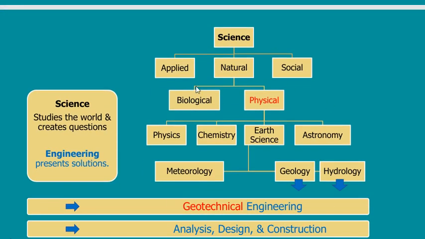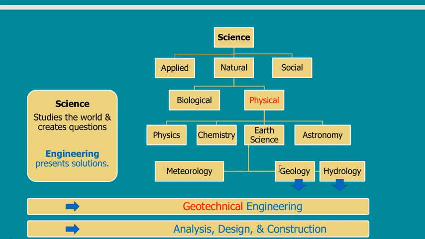This slide was very important because it shows you that geotechnical engineering is an engineering. It is not science, but geology and hydrology are sciences. What is the difference between science and engineering? Science is the study of everything around us, showing all the problems around us, but engineering takes the problem and proposes solution for it.